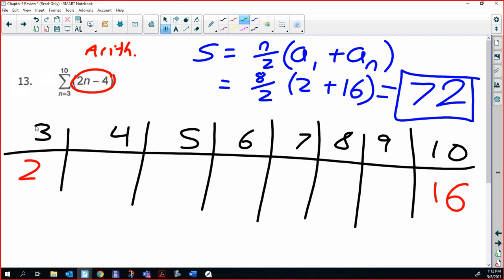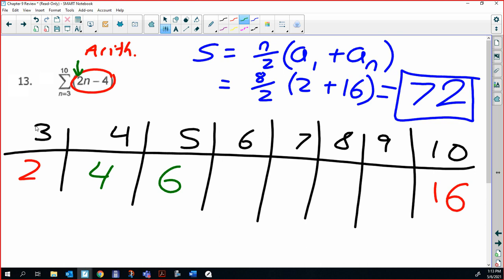If you didn't want to use the formula, like I said, you could just kind of power through this by doing every term and manually adding them all up without using the formula. So if you plugged in 4, that'll be 8 minus 4, which is 4. Plug in 5, that's 10 minus 4, which is 6. Now, you probably catch on to the pattern also, because that number right there, 2, is clearly going to be d, from the formula.